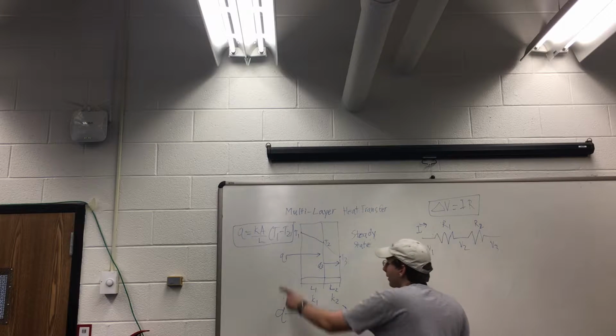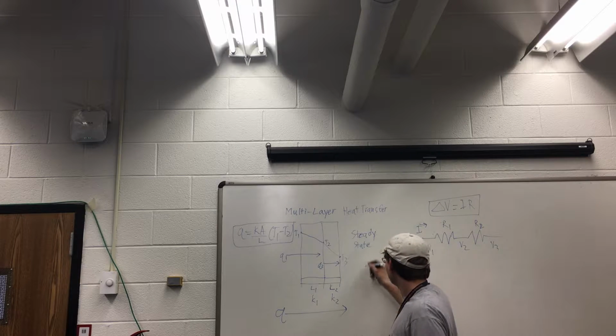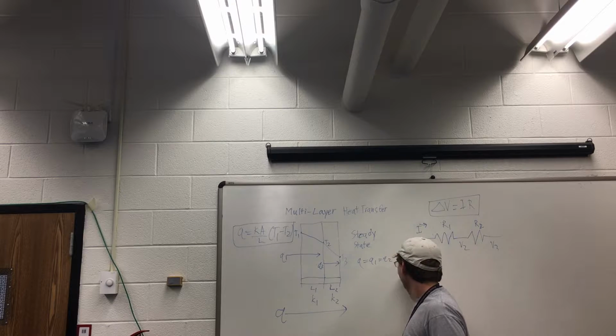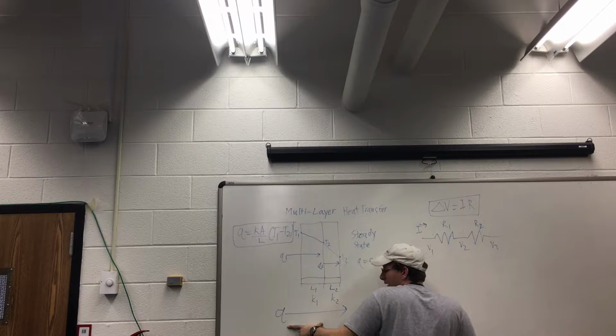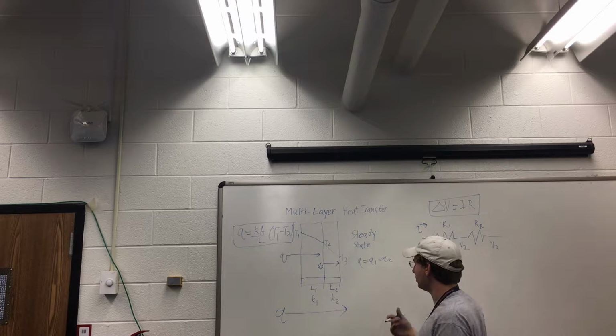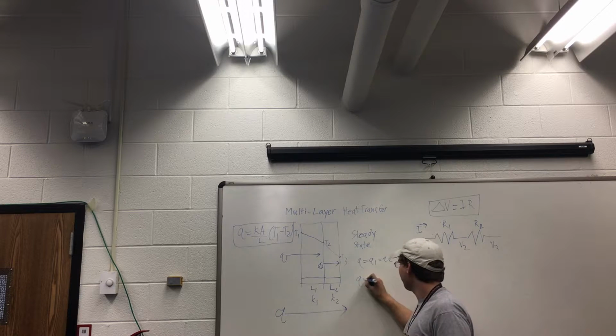So everything that comes in must go out. So the obvious conclusion you draw is that this heat is the same as this heat, which must be the same heat as this. So let's just write out what these expressions would be, and we'll go from there.